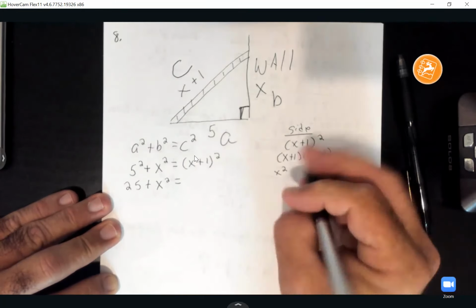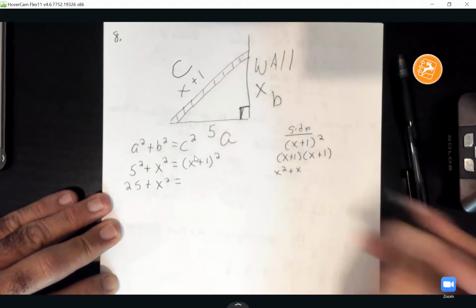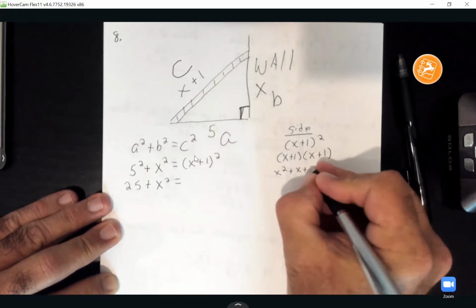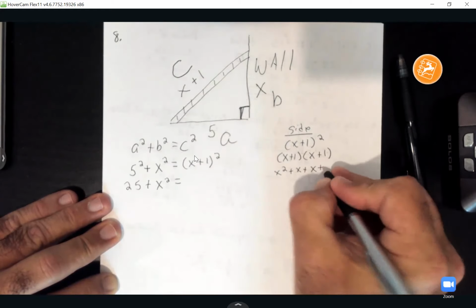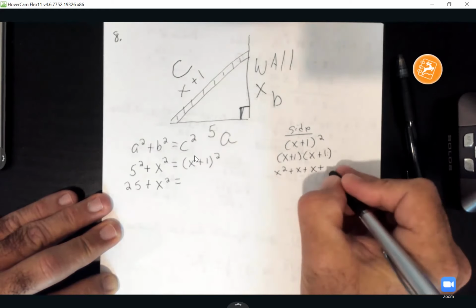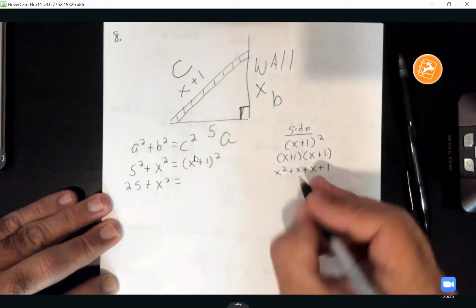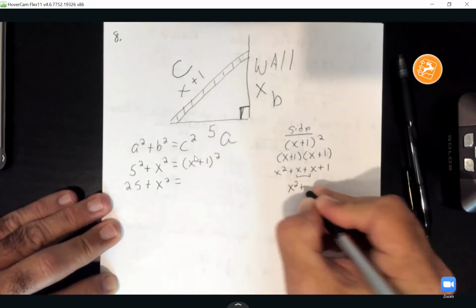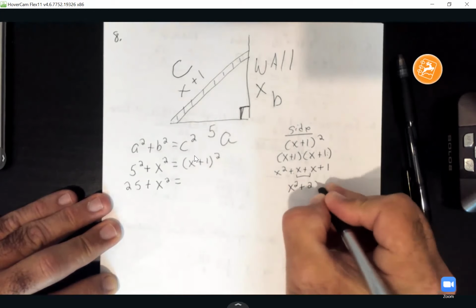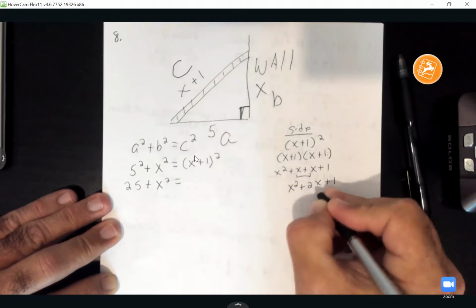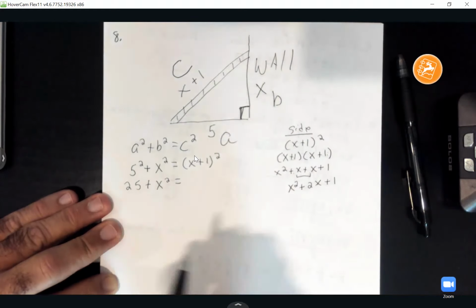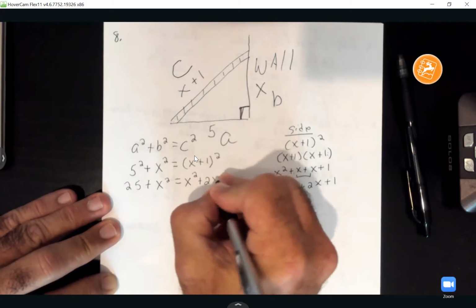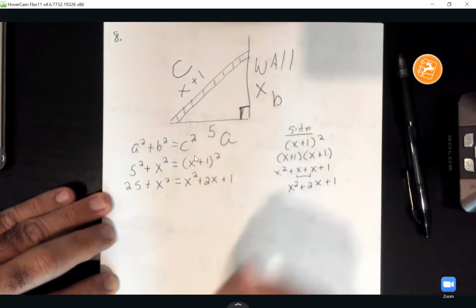X times 1 is 1x. 1 times x is 1x plus 1 times 1 is 1. Add your like terms and you get x squared plus 2x plus 1. That's what we're putting on the right side now. X squared plus 2x plus 1.